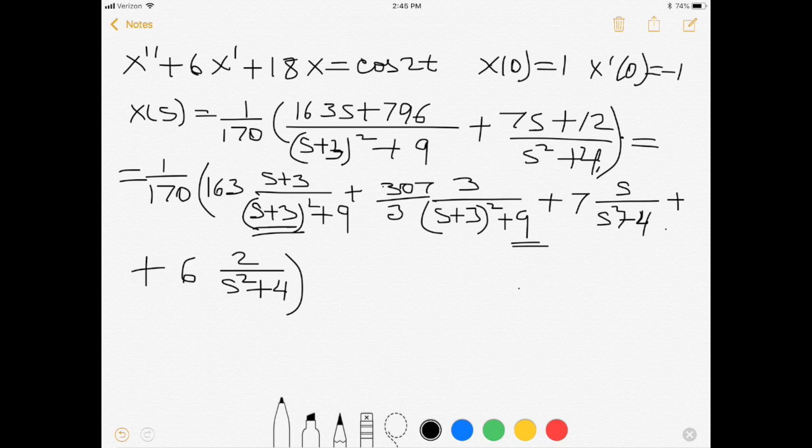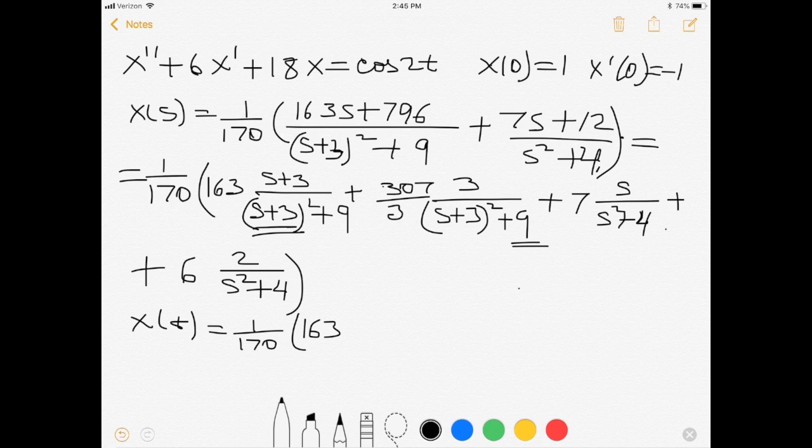Now use the inverse Laplace transformation. I see the coefficients are not so pretty, but it's okay. This means we have x of t equal 1 over 170 times 163.